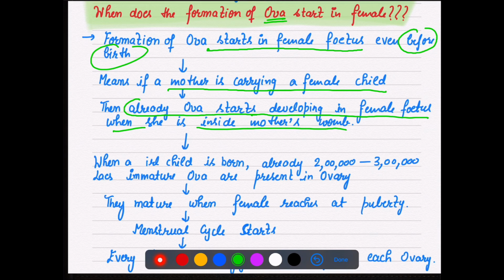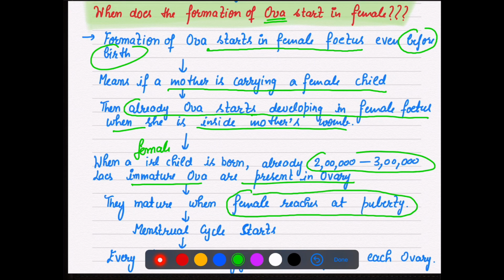When that female child is born, already 2 to 3 lakh, or approximately, I'm taking an average, lakhs of immature ova are present in the ovary. So when do they mature? When the female reaches puberty, with the release of hormones.